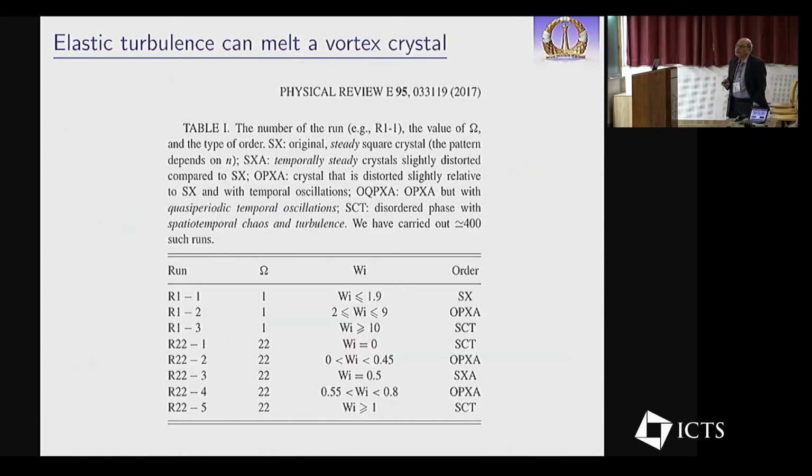This is low Reynolds, but as you increase the Weissenberg number, you go from a steady square crystal eventually to a state with spatiotemporal chaos and turbulence. Turbulence, because the energy will be spread over many length scales, there will be vorticity, and so on. So this is low Reynolds number turbulence, a very clean example.